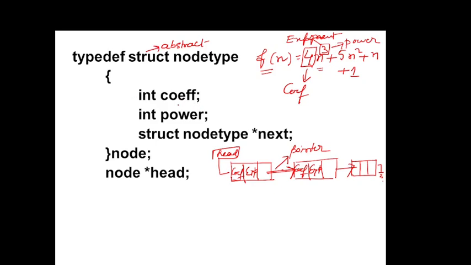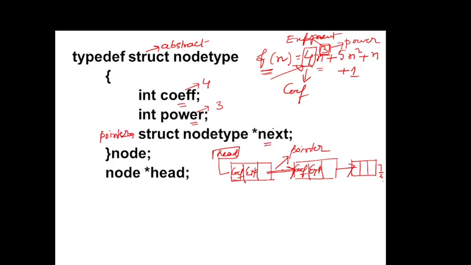So first an integer is the coefficient, and then the power is this part. This will be some number, power also will be some number. Let's say in this case it is 3, and the coefficient is 4, the first component of this f(n), and then the last one is nothing but a pointer. This pointer will point to the next node. So a next pointer is there.